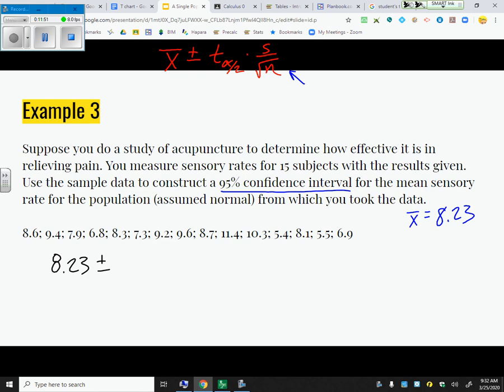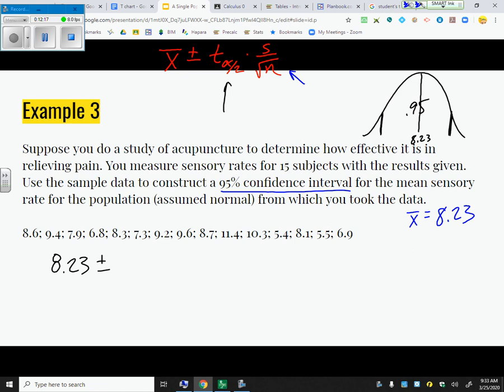And so I need to go get my t-score right here. I'm going to draw myself a little curve right here. And remember, I'm expecting to get 8.23. But I'm wondering how far I need to go to the left and to the right to make it so 95% of my samples would contain the true mean.